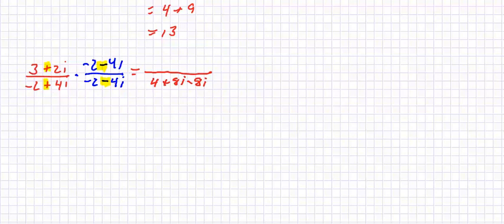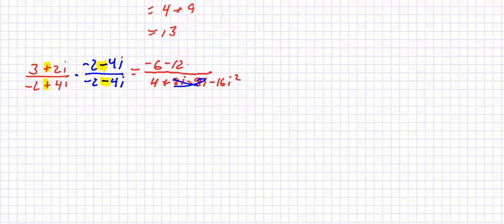And 4i times negative 4i is minus 16i squared. In the numerator, the 8i's cancel. All right. Now we have 3 times negative 2, minus 6.